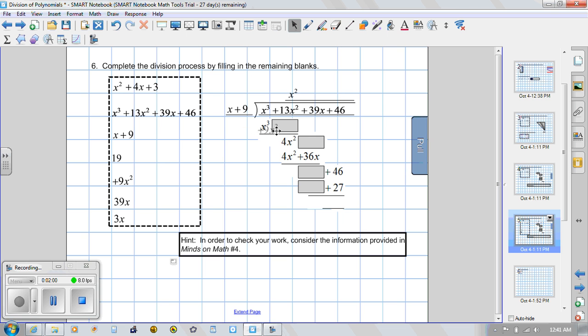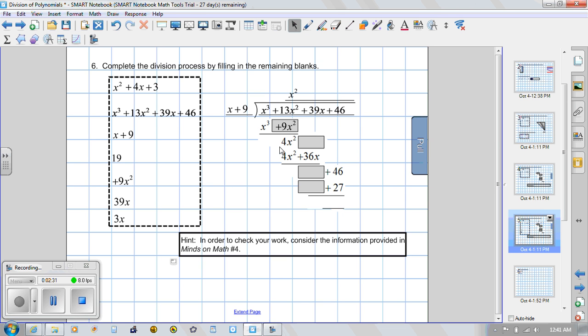So we drag that term into place, and you can see how we're aligning the terms of equal degree, one underneath the other. And that's going to set up for what you would normally do in long division, and that is to subtract. If we take 13 and subtract 9x squared from that, the end result is 4x squared.